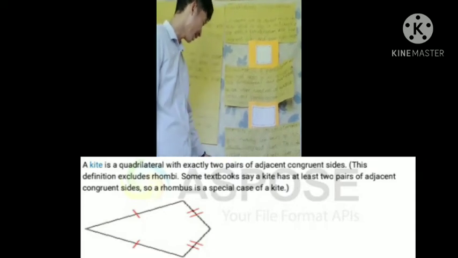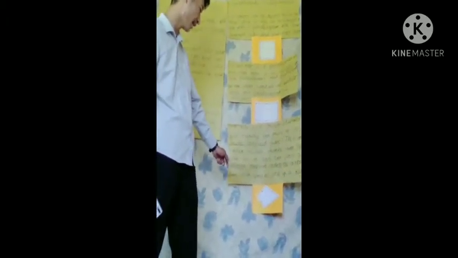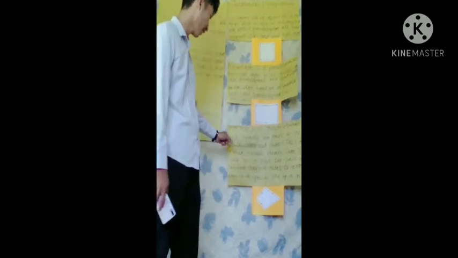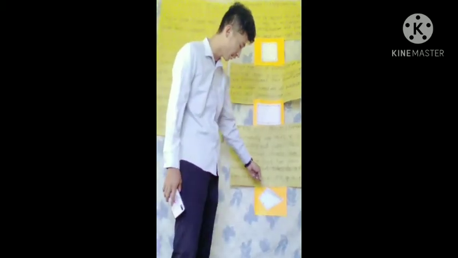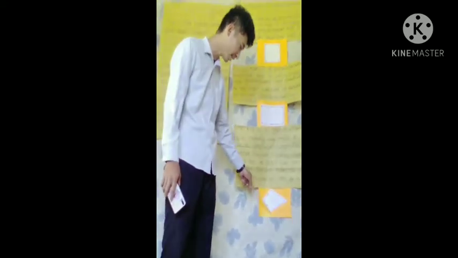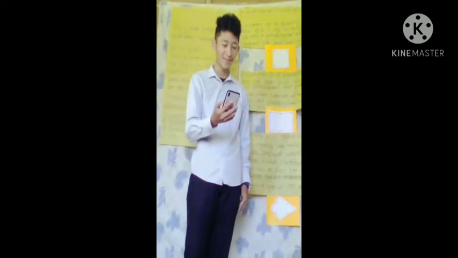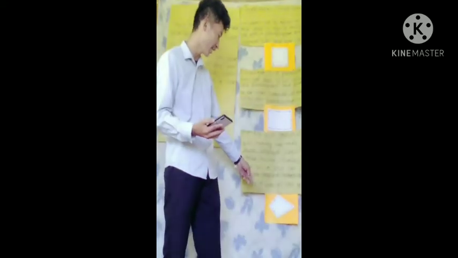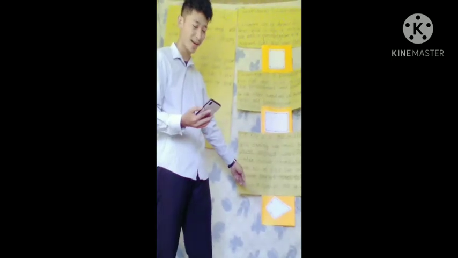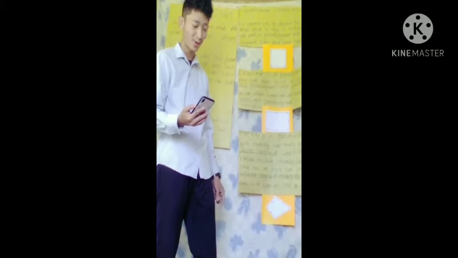So a rhombus is a special case of a kite. In the figure of a kite, we see exactly two pairs: this side and this side, and also this side and this side, are the two pairs of adjacent congruent sides. Here is a question about the kite: why is a rhombus a special case of a kite?